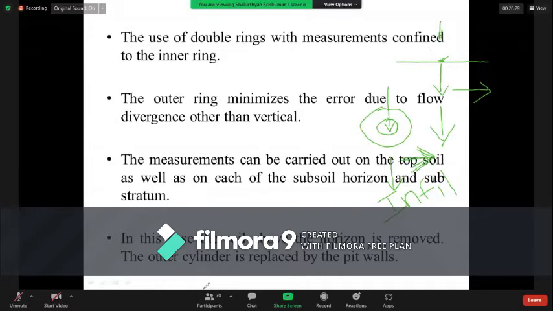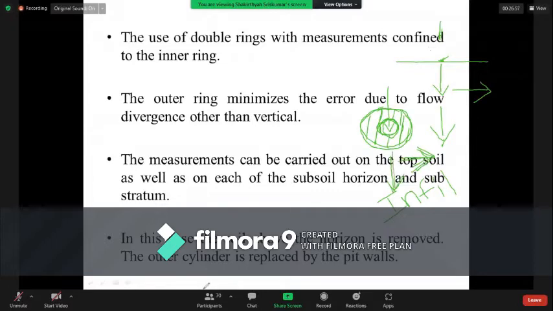So that's why we are using this outer cylinder. Once you fill the water in the outer cylinder, the portion surrounding this inner ring is already filled with water. So once you pour the inner ring, the water will automatically move vertically.